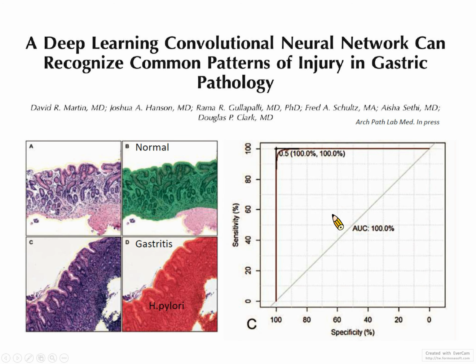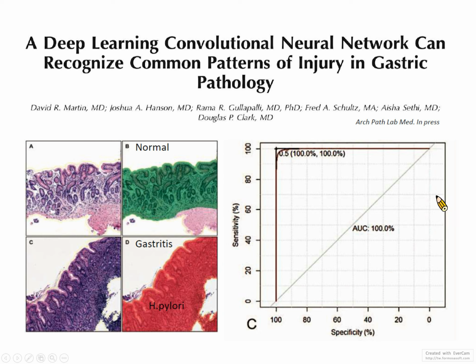Then there was a paper showing that a deep learning convolutional neural network can recognize common patterns of injury in gastric pathologies. It just tries to identify the pathology images from the endoscope scan, endoscope biopsies, and it has achieved very high accuracy.